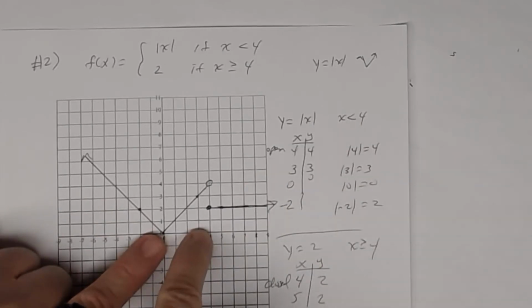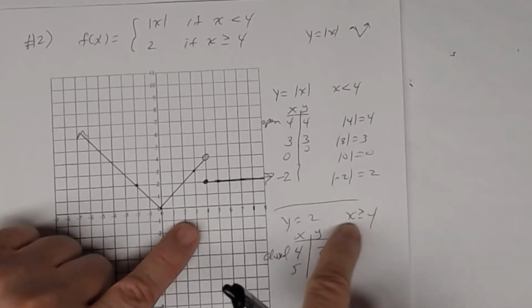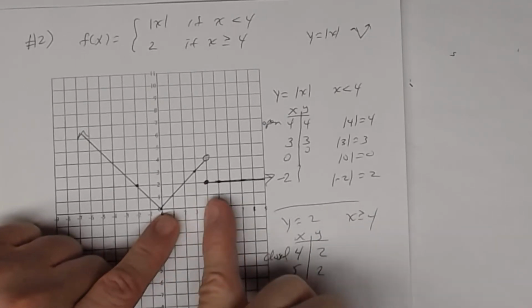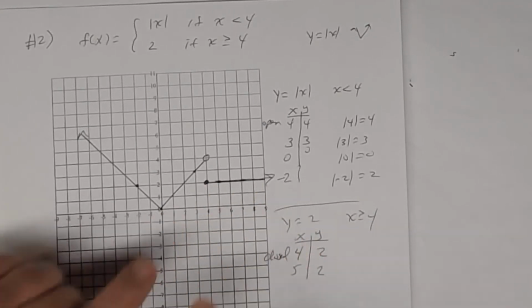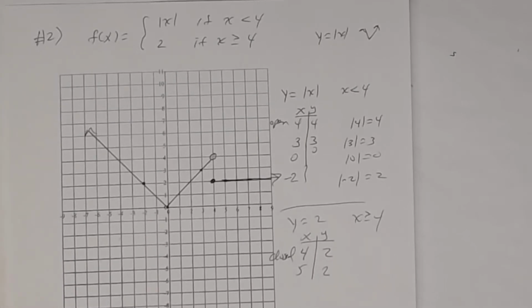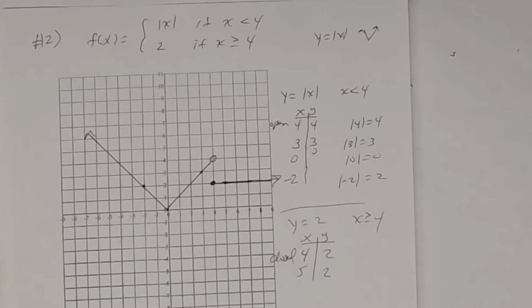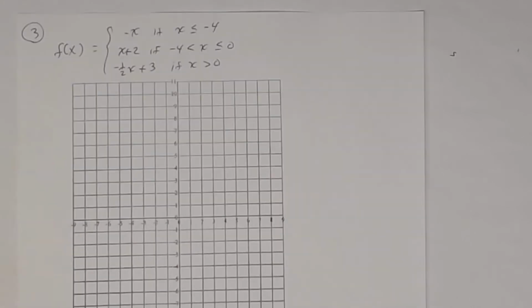See that? Here's 4. X is less than 4, so that's my domain. And then the domain here, x is greater than or equal to 4, that's this part here. See that? Okay, so there's your graph. That's number 2. All right, so it helps to understand how to graph these things in the past where the domain was not restricted.